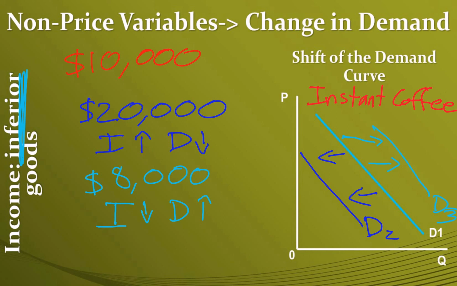When your income went up, you will begin consuming Starbucks coffee. Therefore, your consumption, your demand of instant coffee will drop. On the other hand, if your income goes down again, your consumption, your demand of instant coffee, an inferior good, will increase.